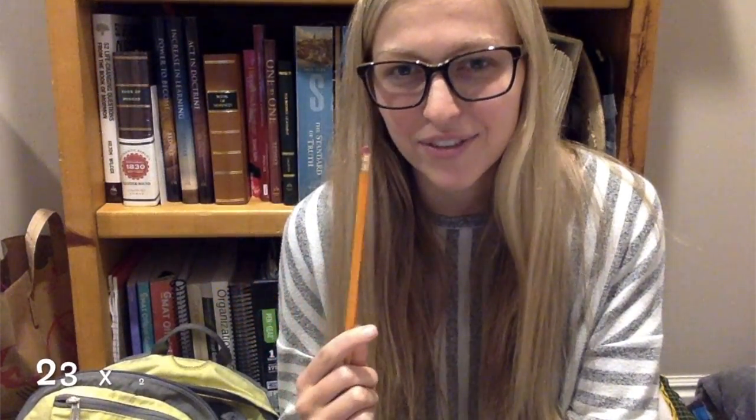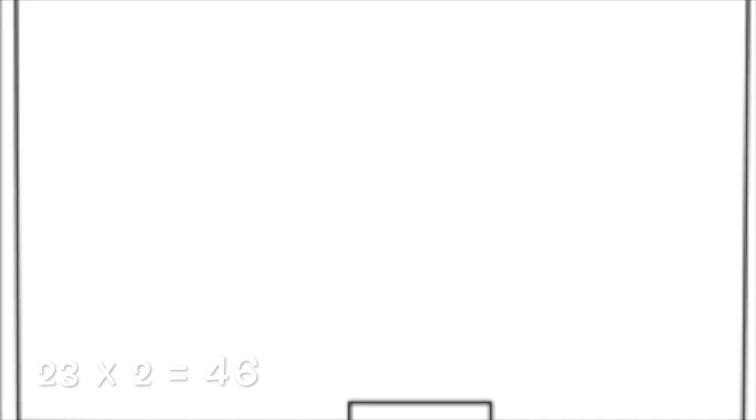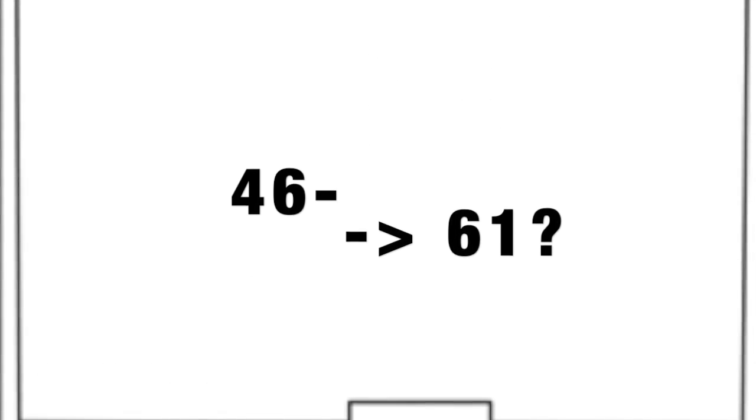Okay, we still have a number that is bigger than 23, so we need to multiply it again. Will 46 fit into 61? You're absolutely right, it will. Let's subtract those two and see what's left over.